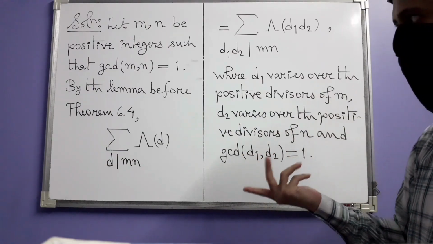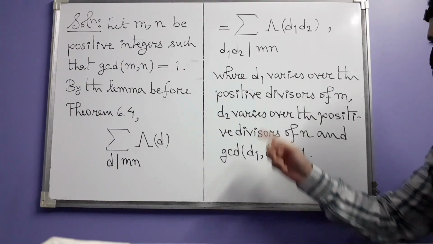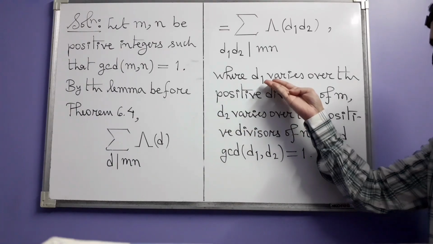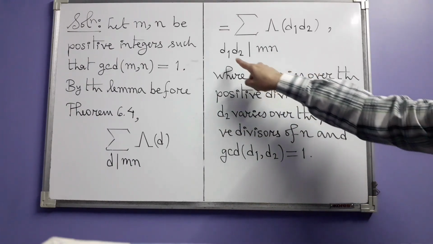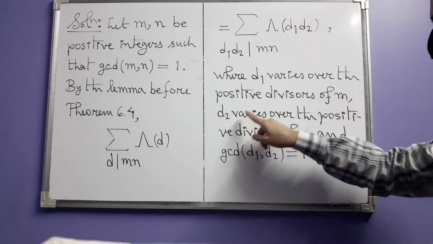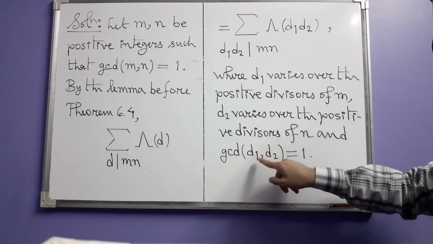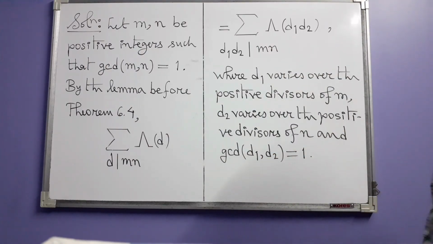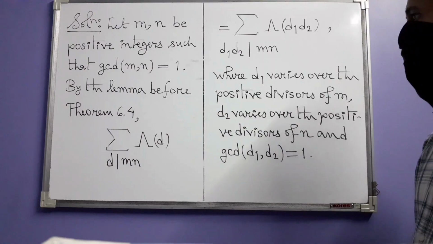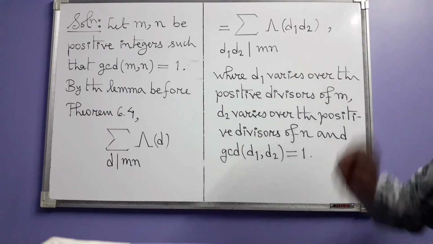Well, that automatically follows from this. So it is that result, and that's how I have written it like this, where d1 varies over the positive divisors of m, d2 varies over the positive divisors of n, and GCD of d1 and d2 is equal to 1. Alright, so now you see that here we have lambda of d1 d2.